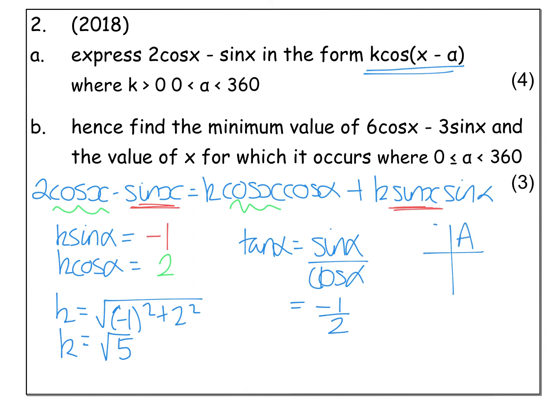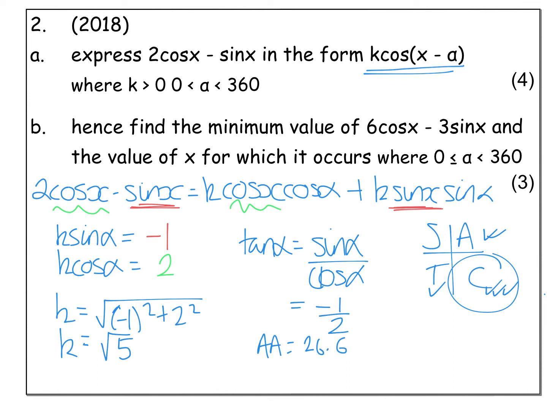Ticky box bit my class hate. Sine negative, so we tick opposites. Cos positive, so we tick all in cos. We can see it's going to be cos, but tan is negative, so we tick opposites, all in cos. Just to clarify, we are working in degrees. So I'm going to get my acute answer. I'm going to do shift tan of 1/2, which is 26.6.